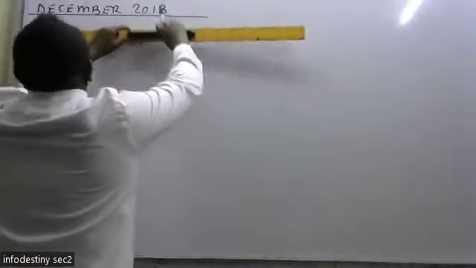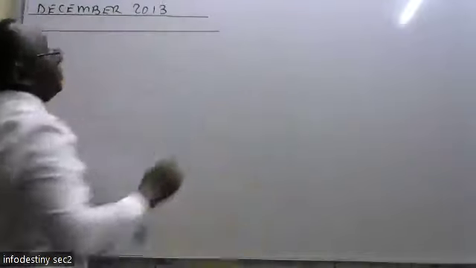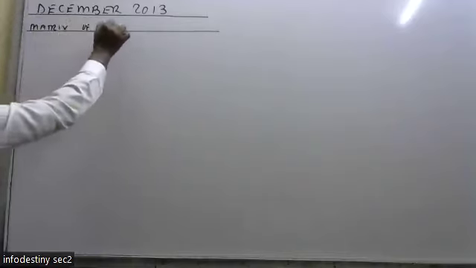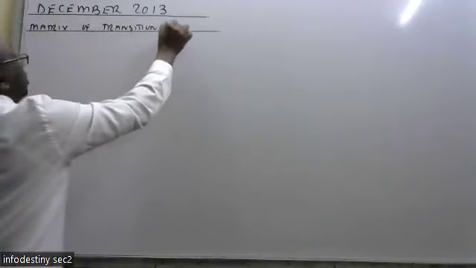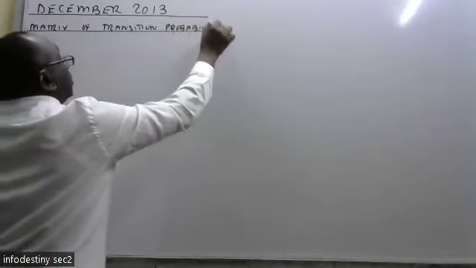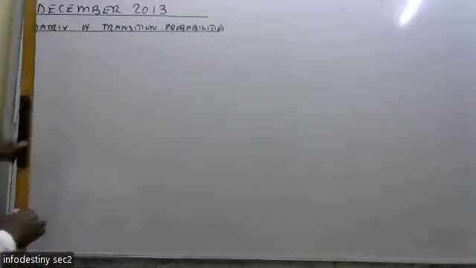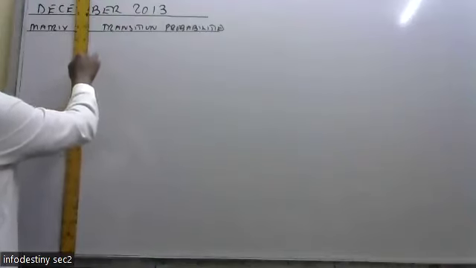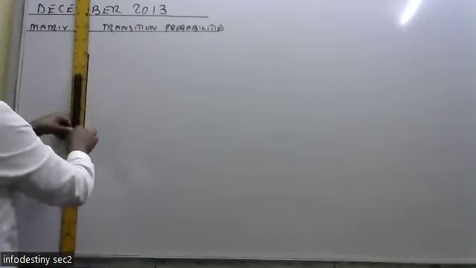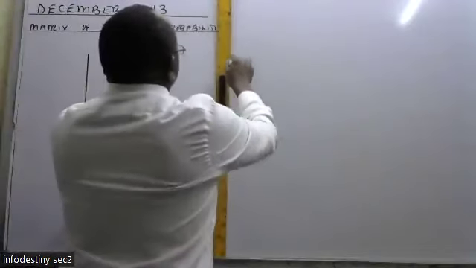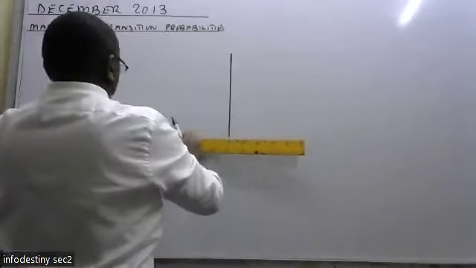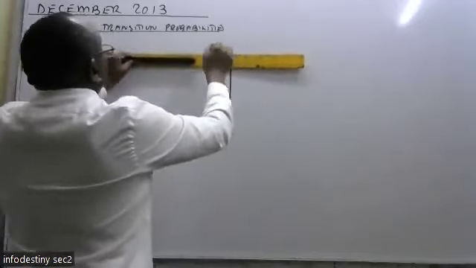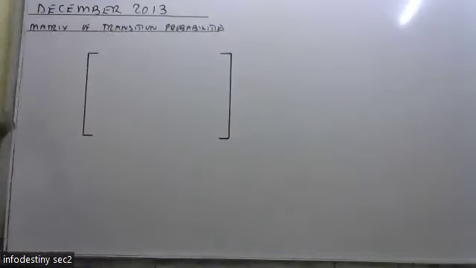So matrix of transition probabilities. So in that matrix of transition probabilities, we have these states.